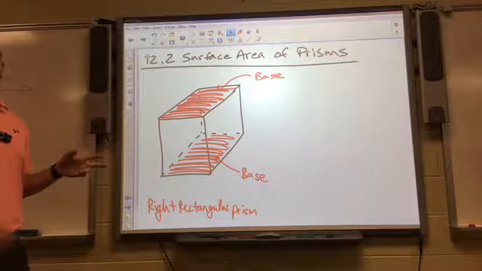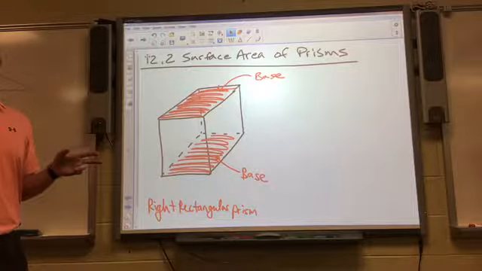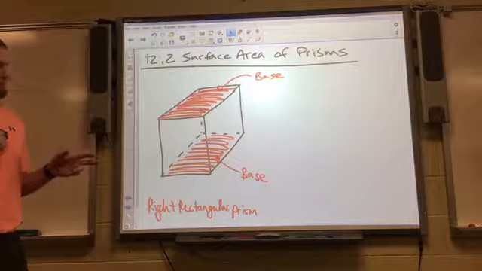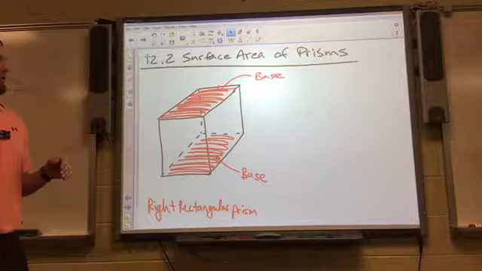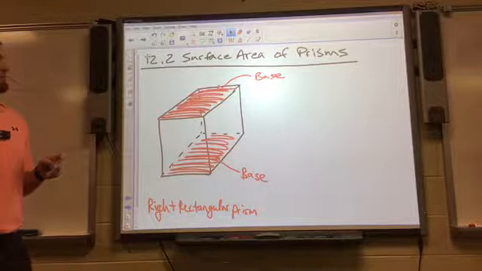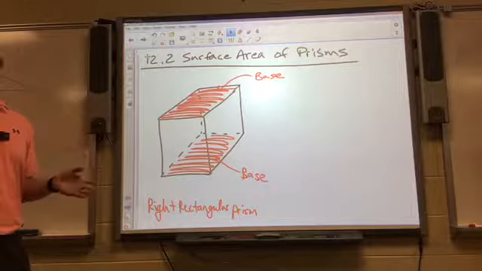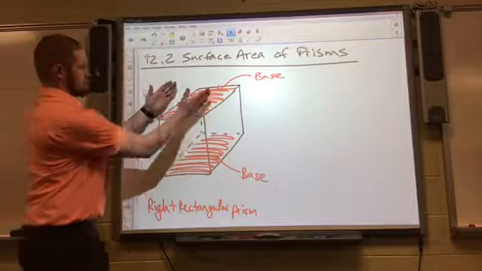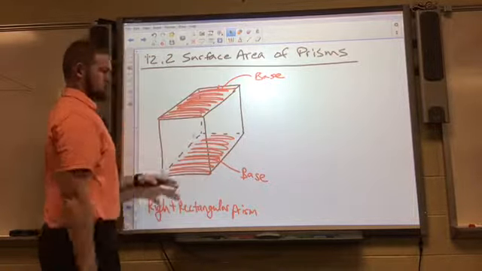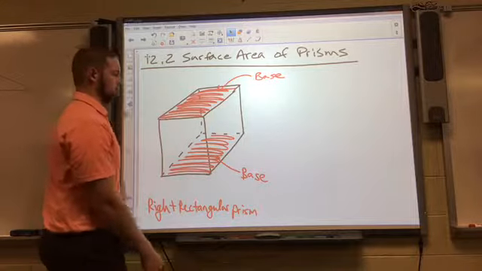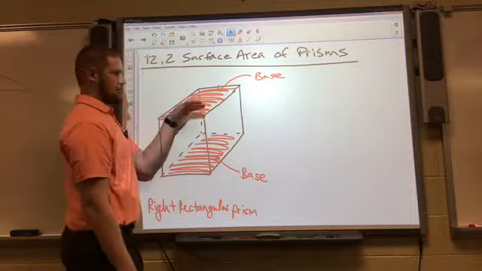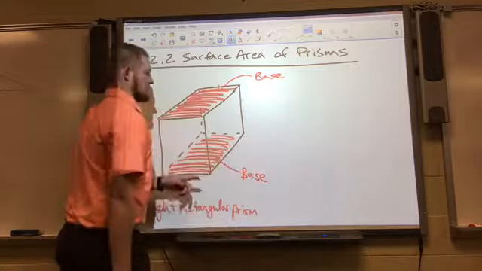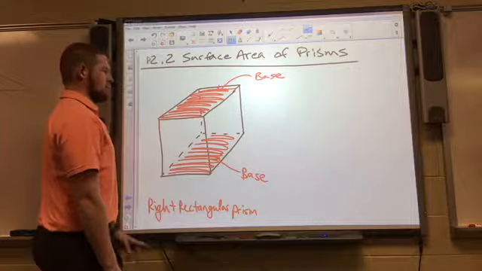Could those be the bases? Sometimes they might be the same, but not in this case. See how skinny this is compared to the side? It's pretty tall. Okay, so if we consider these the bases, and Royal, we'll talk about your question a little bit more in a little while.